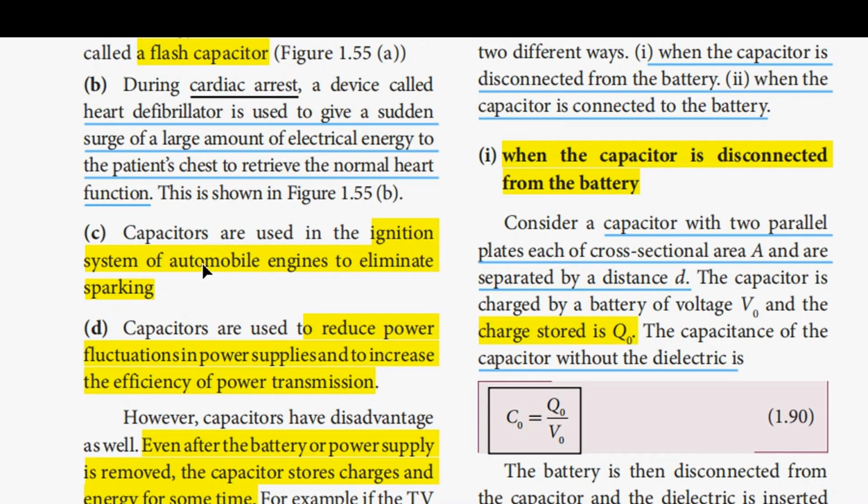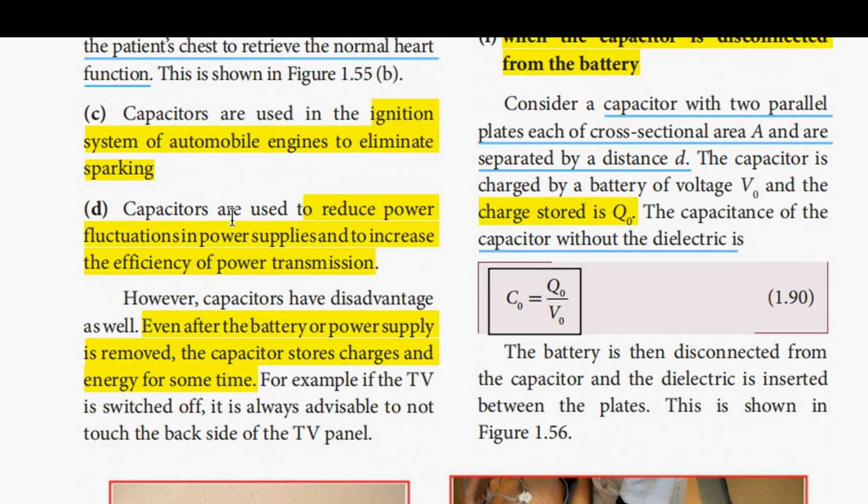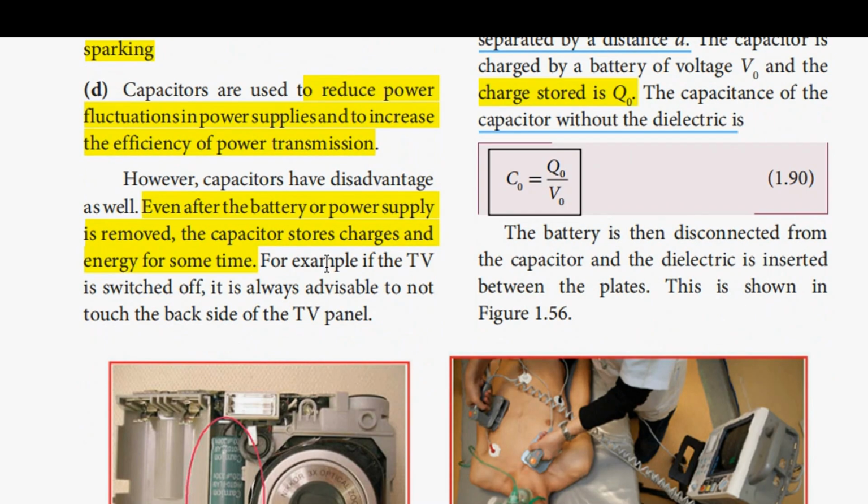In the next case, the capacitors are used in the ignition system of automobile engines to eliminate sparking that you should have seen in two-wheelers to start the vehicle. Next one is the capacitors are used to reduce power fluctuations in power supplies and to increase the efficiency of power transmission. However, the capacitors have also some disadvantages.